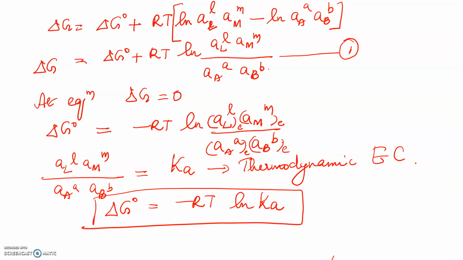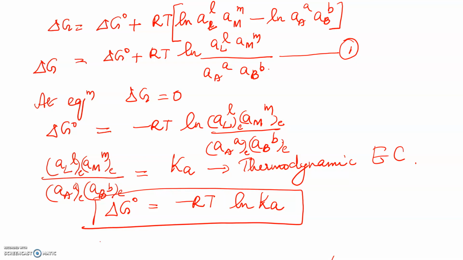At equilibrium we have activity ratio equal to Ka. Ka, the thermodynamic equilibrium constant, is the ratio of activities of the products divided by the activities of the reactants at equilibrium.